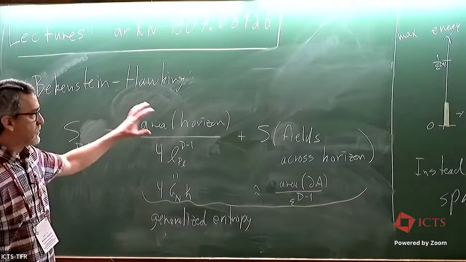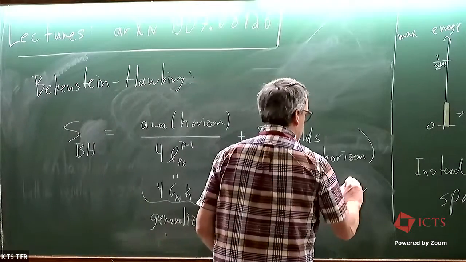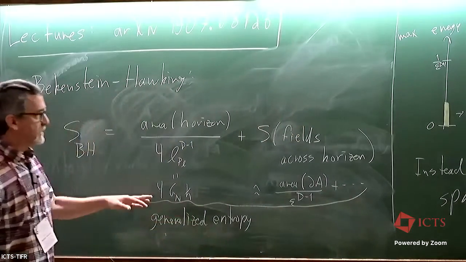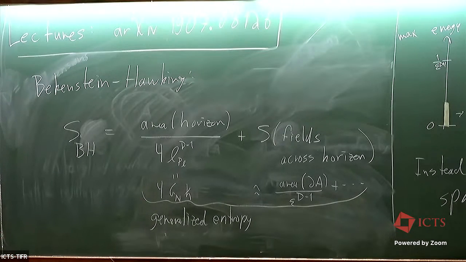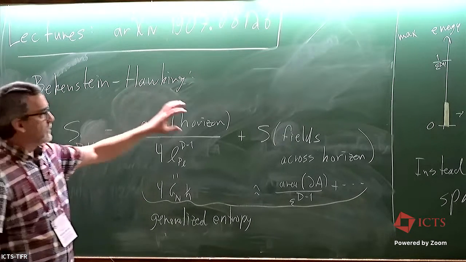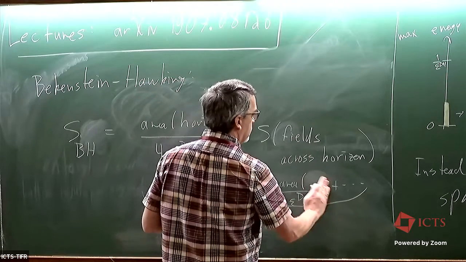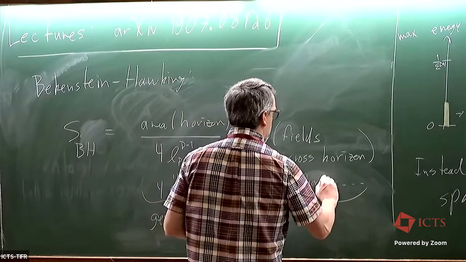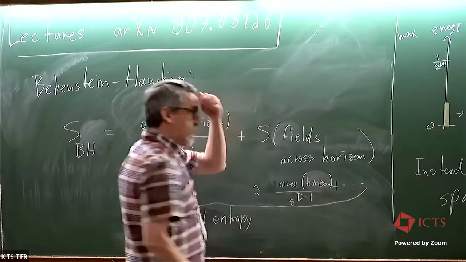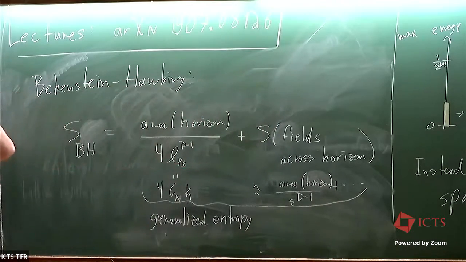So we have these two terms, plus a lot of other stuff. But I'm just talking about the leading area term, okay? So we have these two terms that actually look the same because it's across the horizon, so it's really the area of the horizon. So my region here is the interior of the black hole, or in a two-sided black hole, it's the other side.